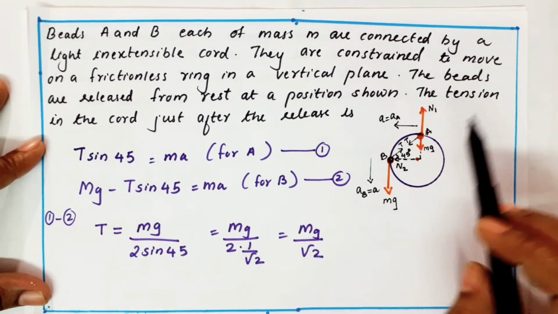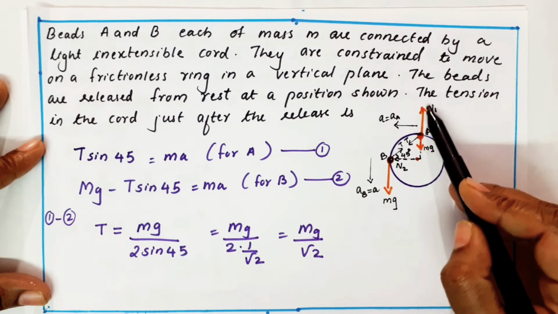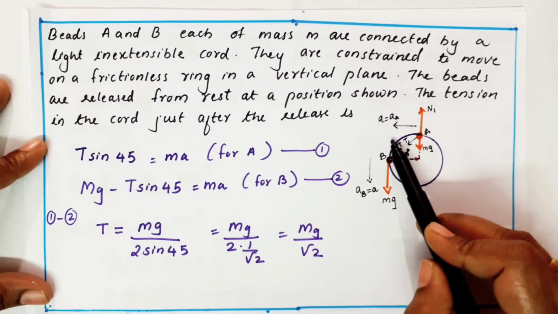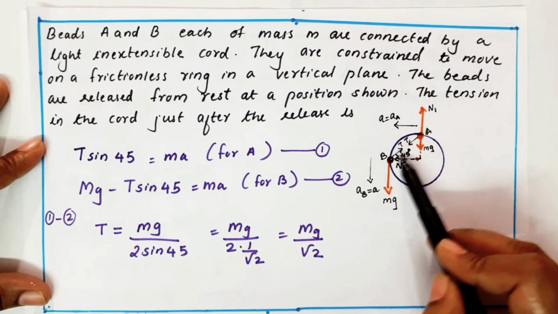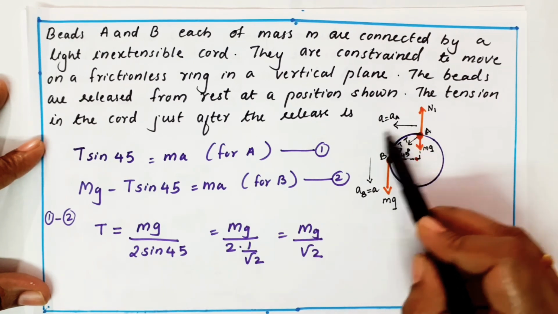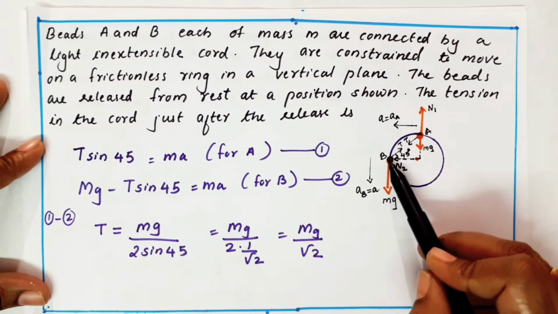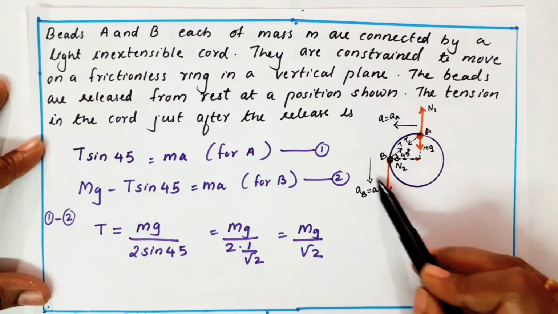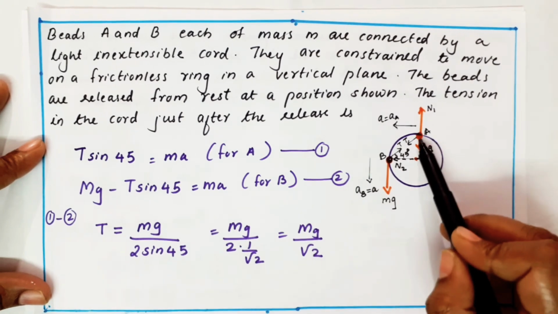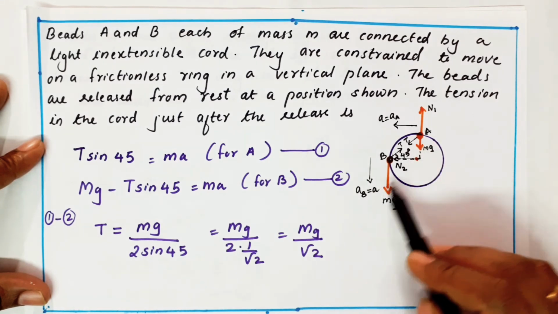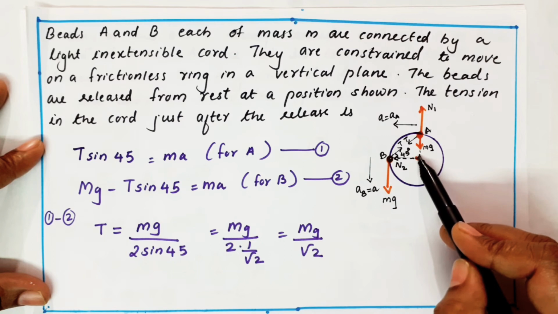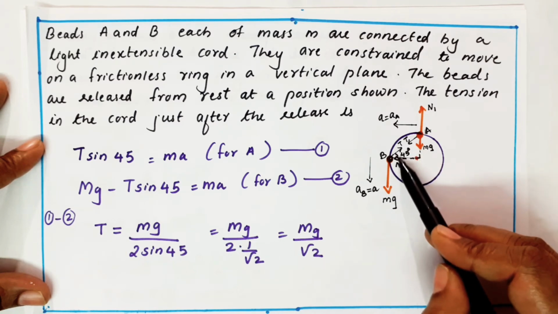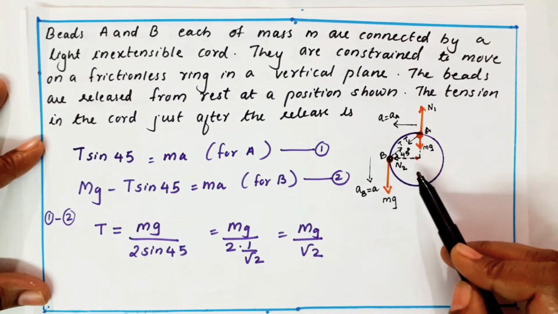So I drew the free body diagram. For this bead, there will be a normal reaction, and it tries to come in this direction because your weight is more, so it has a tendency to move like this. For the body B, the weight will be mg and it has a tendency to come down. You know that this is nothing but the radius, and this is also the radius, so it is an isosceles right triangle and this angle will be 45 degree.